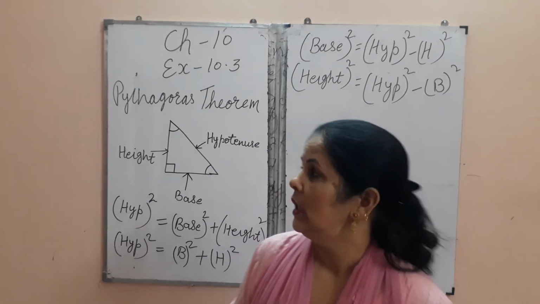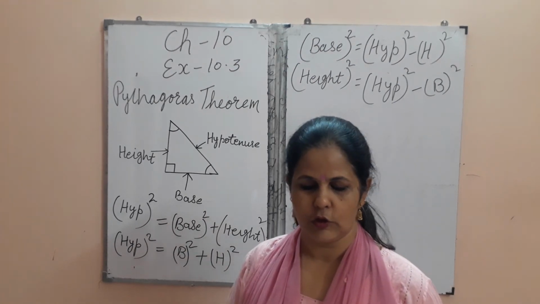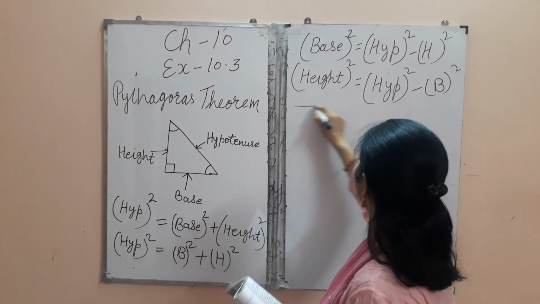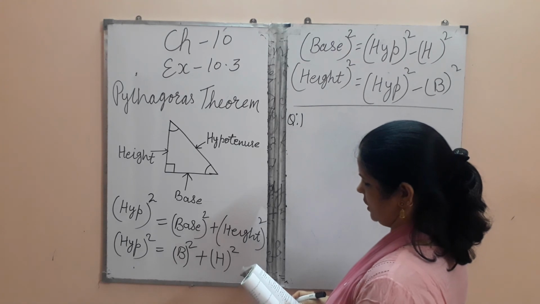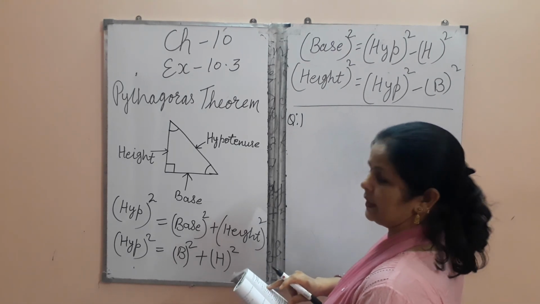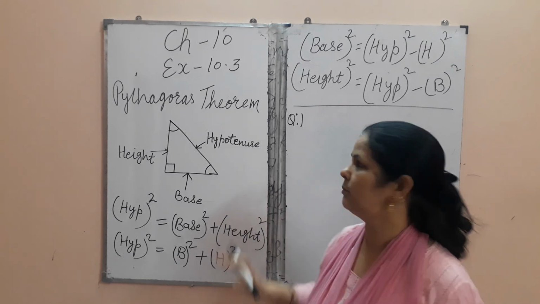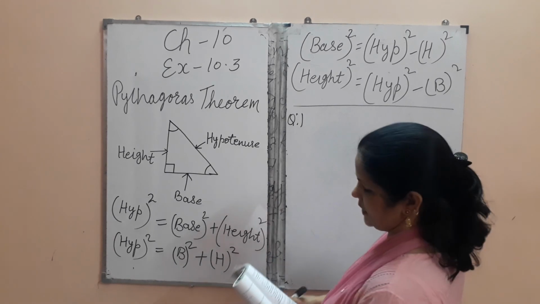I am doing one question only. The rest of the questions you will do yourself. First we will write question number 1. I will do the decimal question. The rest of the questions will be according to this question only. You will do yourself.